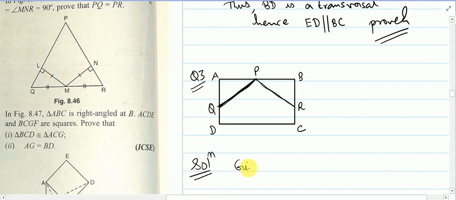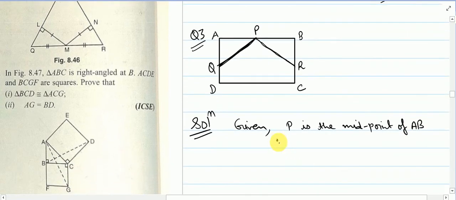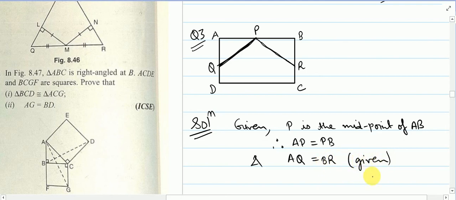So given: P is the midpoint of AB. Since P is the midpoint of AB, therefore AP is equal to PB, no doubt, and AQ is equal to BR, given to us.